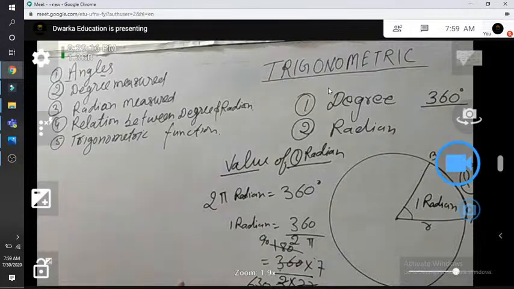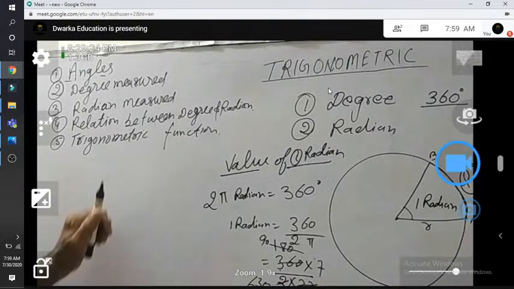This is the measurement of the radian and degree. Easily we can change the degree and radian easily.